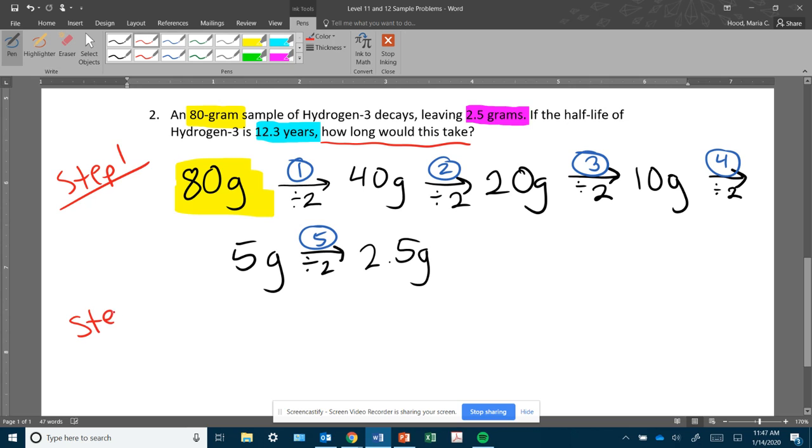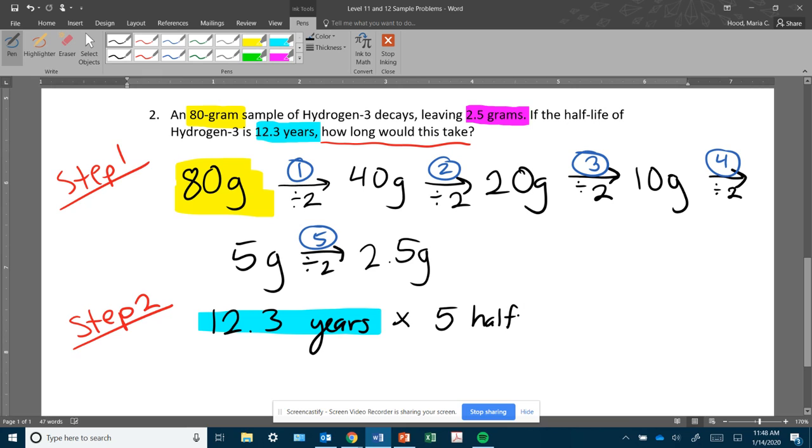So for step 2, to find how long this took, I'll take the half-life given, which was 12.3 years, and multiply this by the total number of half-lives I found. When I do this, I'll get 61.5 years.